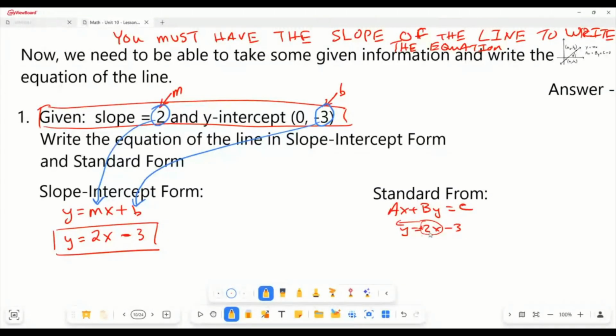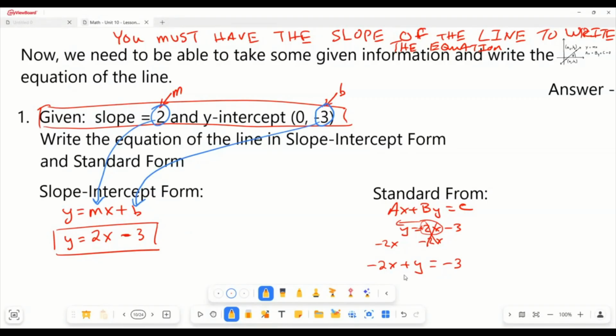To undo that, we do the opposite and we subtract 2x. If I subtract 2x on the right, I have to subtract 2x on the left. This becomes -2x plus y equals -3. I have x and y terms on the same side.